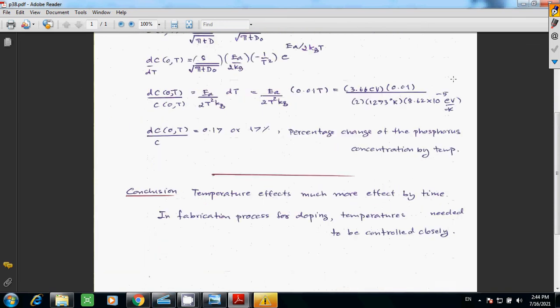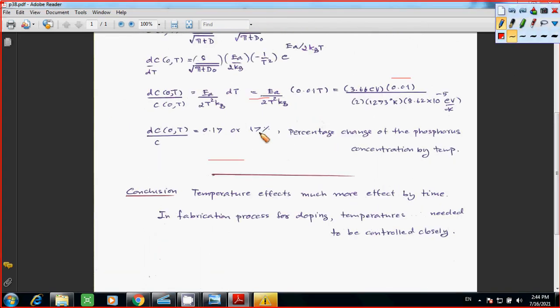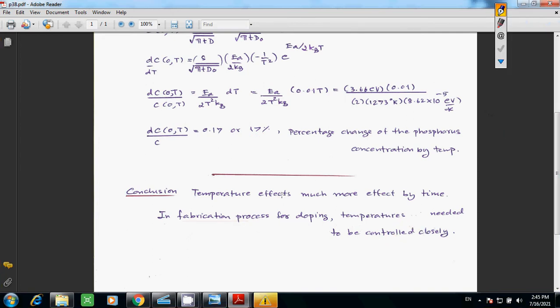But for the temperature change of only 1%, the phosphorus concentration changes by 17%. So in the fabrication process for doping, temperature needs to be controlled closely. That's the main factor.